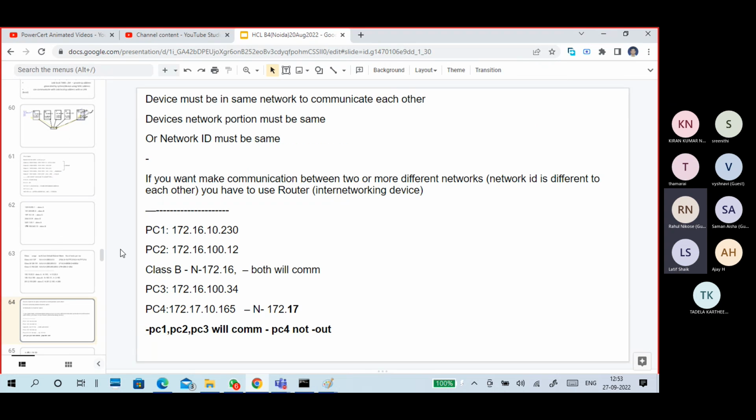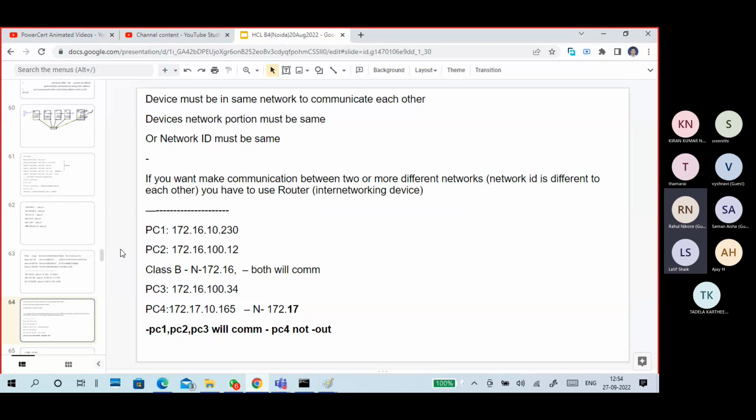So here it is important, always remember, guys: to make a communication between two devices, first they should be in the same network, physically and logically, without using extra internetworking. This is not a concept of internetworking; it is a basic concept of just networking. What is the networking part?